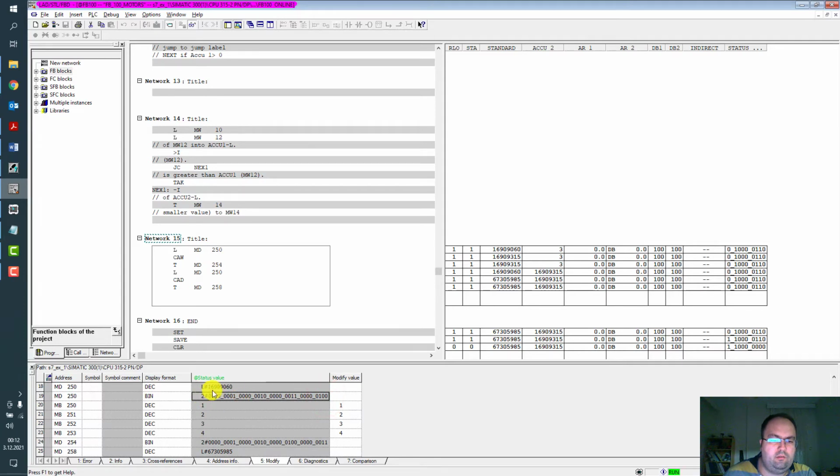First byte, second byte, third byte. It's from left to right, and the decimal number is this.